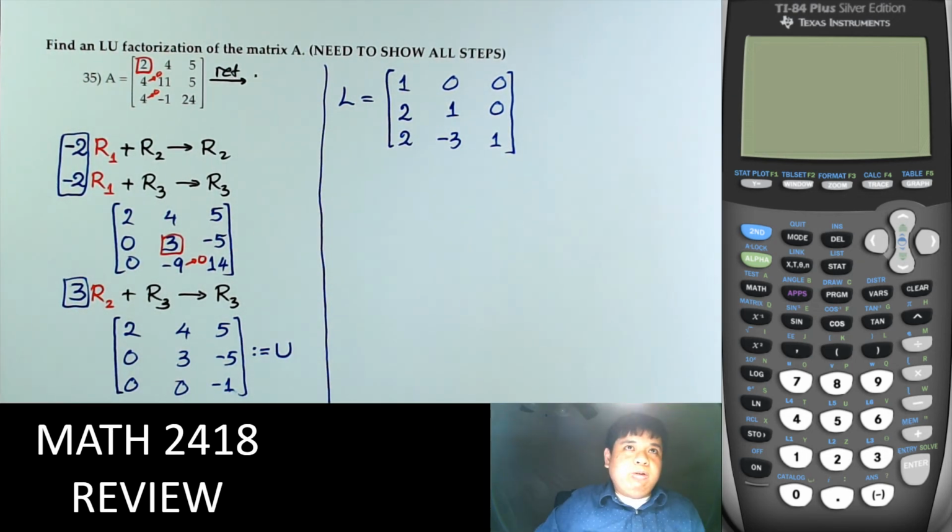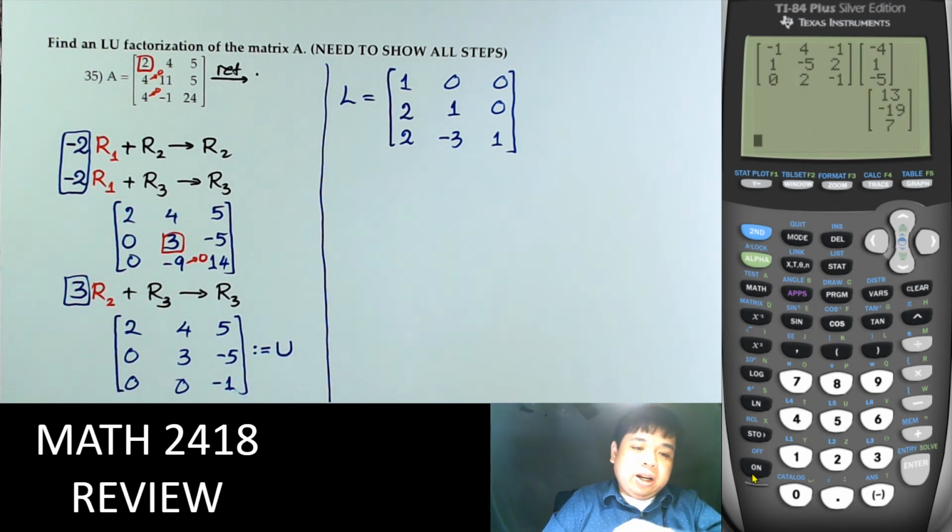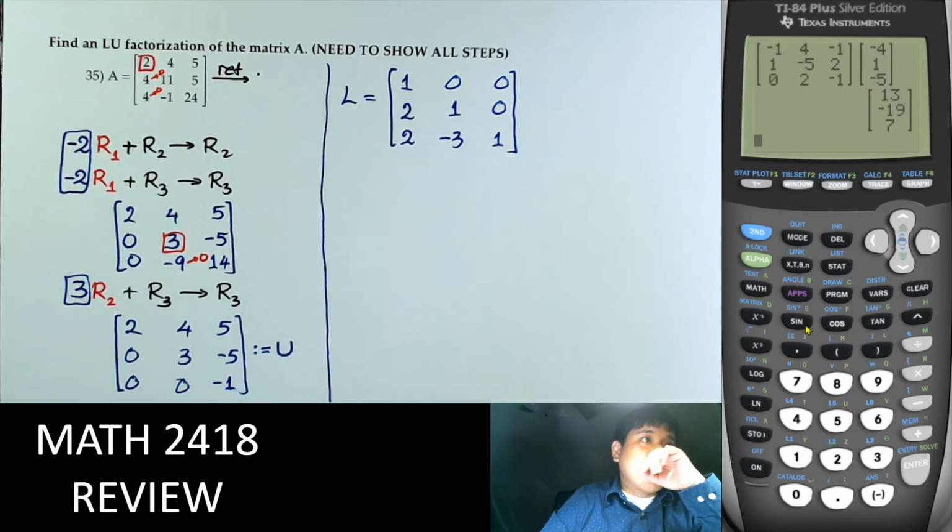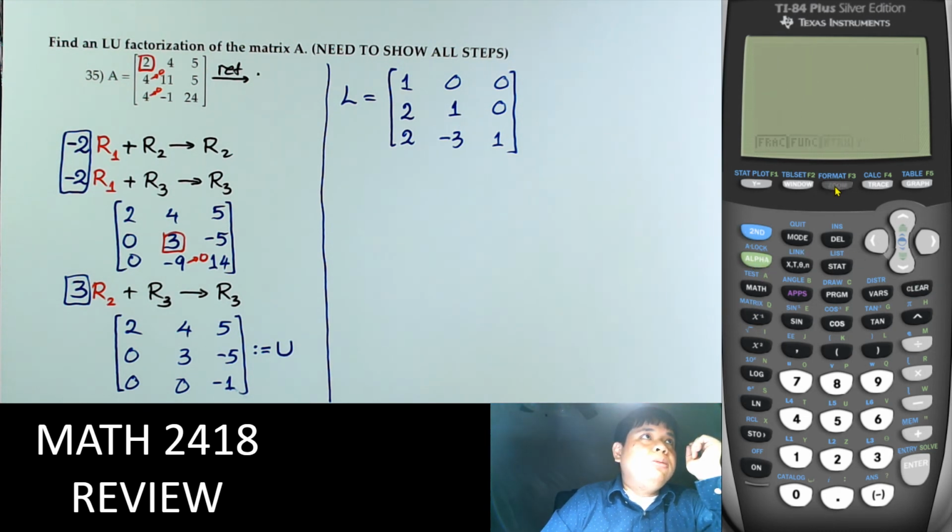Of course, we can confirm by double checking. We just take this times that. Sorry. Let me zoom in. 3 by 3. L is 1, 2, and 1, 2, negative 3, and 1.